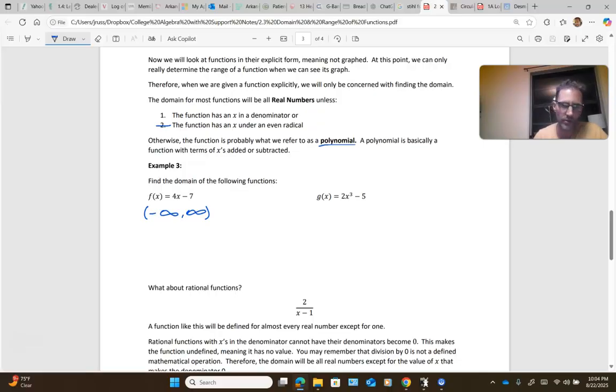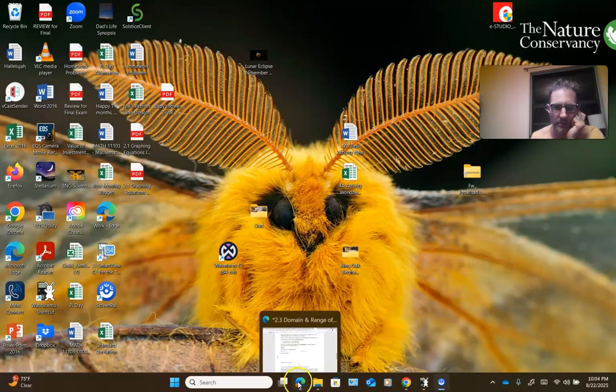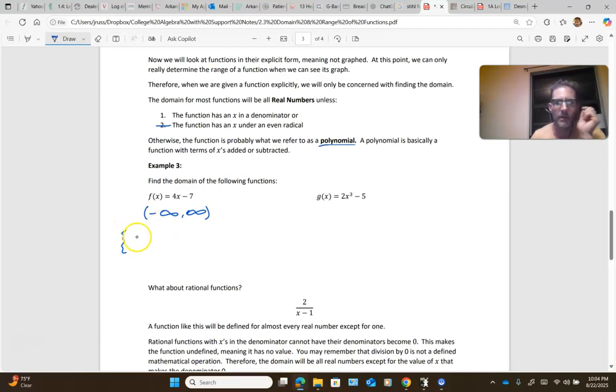Or the book is going to express it like this in set builder notation: all values of x such that x is a real number. This just means that you can plug any real number in for this x right here, and you'll always get an output. And that output will always be another real number.